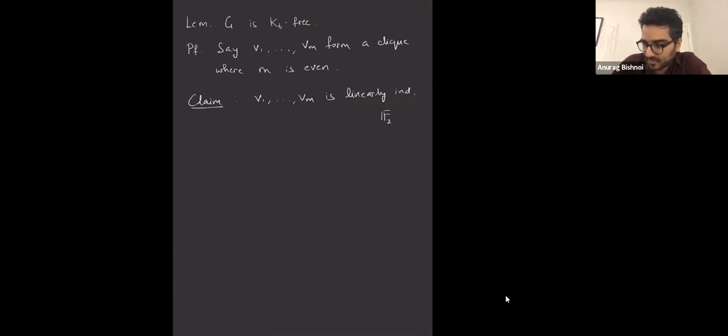So my vector space was a t minus 2-dimensional vector space over F2. So this implies that m has to be at most t minus 2, right? So this implies that there won't be any cliques of size t, if I can prove this claim.